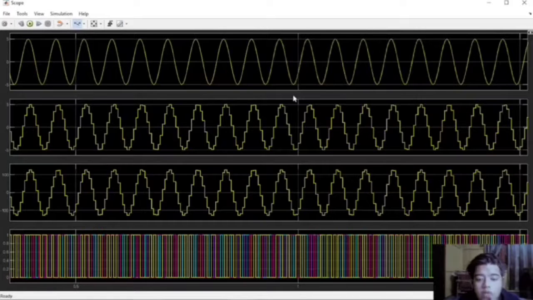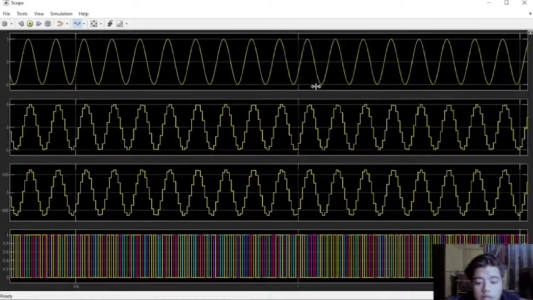The waveforms obtained from the scope for the 8-bit PCM simulation are shown here. The first waveform represents the input signal, which has been set to a peak amplitude of 5 based on the signal specified in the project guideline, which is m(t) equal to 5 sin 2 pi times 100t.